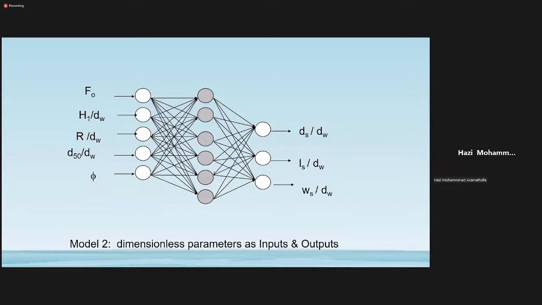If you maintain that, then you can save your dam. It's all for safety of design, correct? Design of dams. So with dimensionless parameters, even the matrix size matters, right? It will form a matrix, so with your 100 by 100 matrix, you will get quick results. So we prefer and recommend the second model.